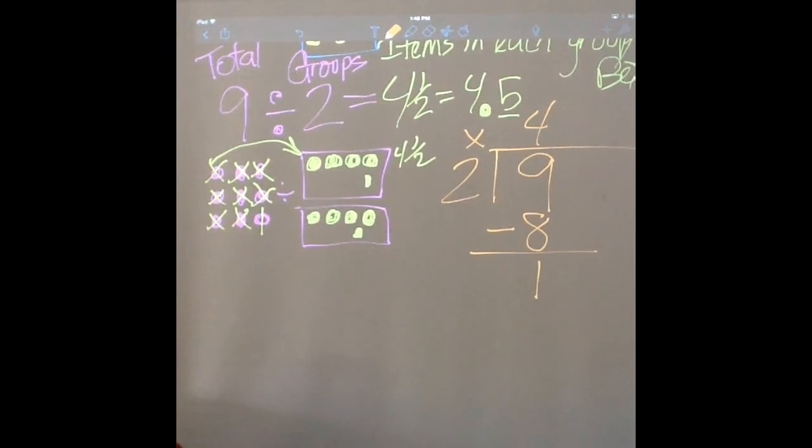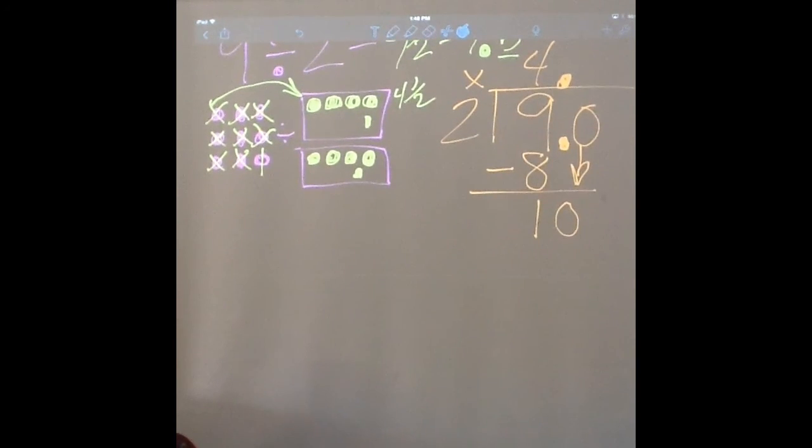Now if you want to take it to a decimal point, here's how you do it. You put a decimal point next to the 9, put a 0, we bring our 0 down, that makes 10. Question, how many 2's are in 10? 5.